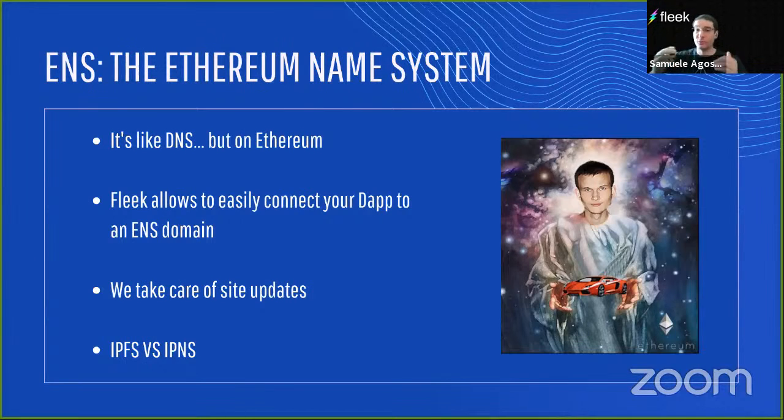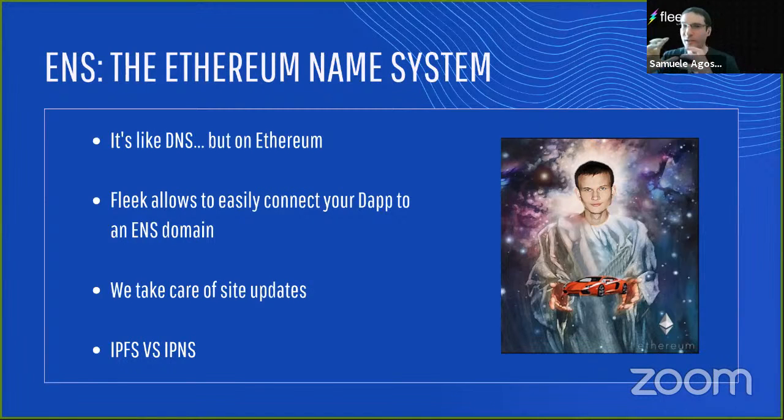So it's a set of smart contracts that manages the ownership of domains. Generally speaking, Ethereum Name System domains end with .eth, but it's not necessarily the case. And you can attach to your ENS an IPFS hash that points to your website.